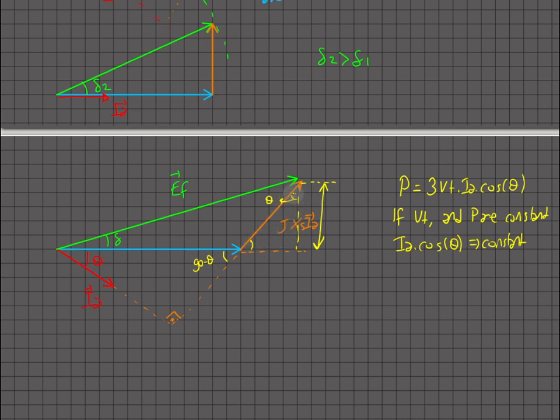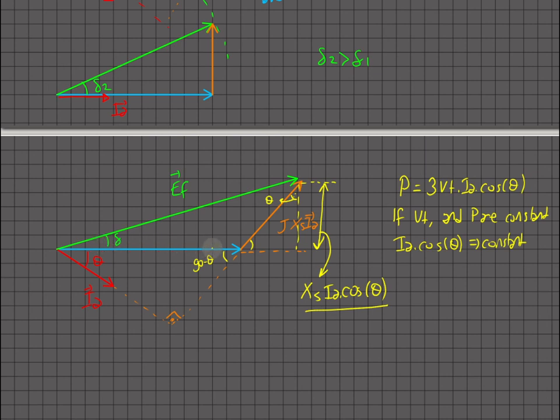So if this part is delta, that curve is Xs magnitude wise, it is Xs times Ia times cos theta, right? So that yellow area is equal to that angle.